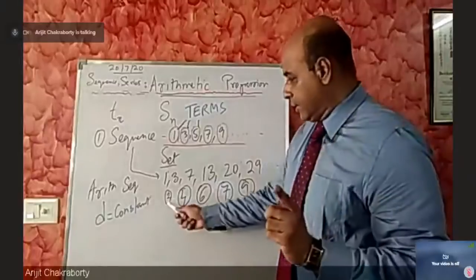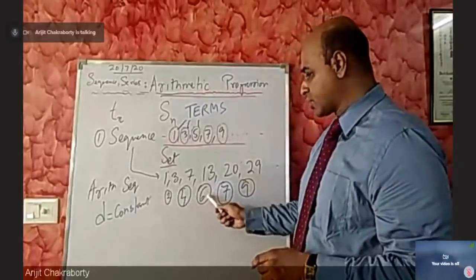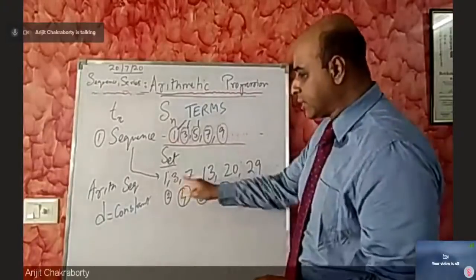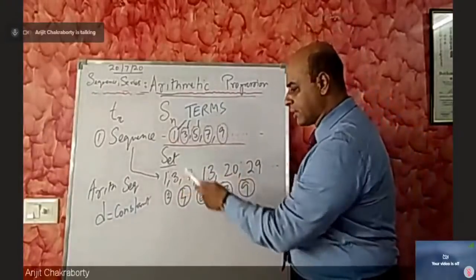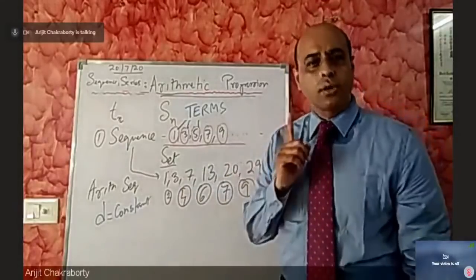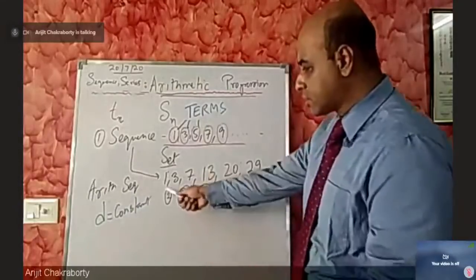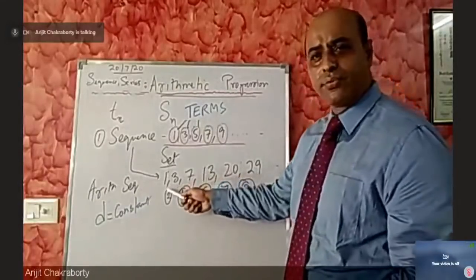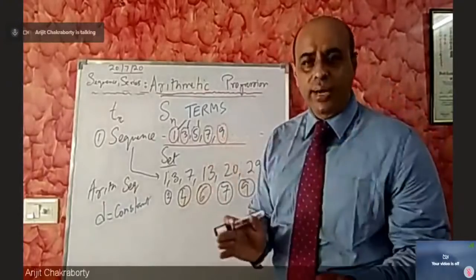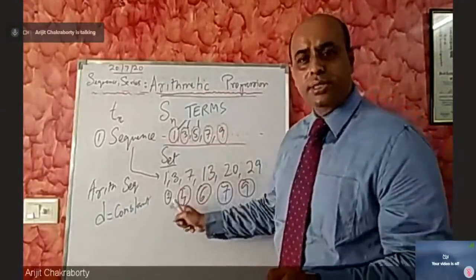It is changing: 2, 4, 6, 7, 9. Between 13 and 7 it is 6, between 20 and 13 it is 7. So it is not constant. So this sequence is not an arithmetic sequence because the differences are not constant.